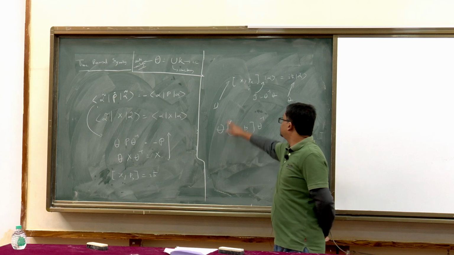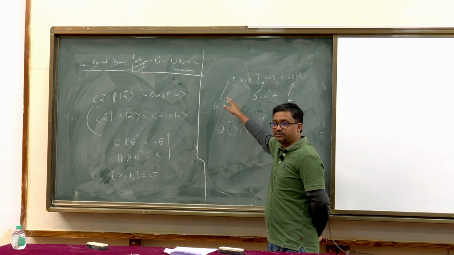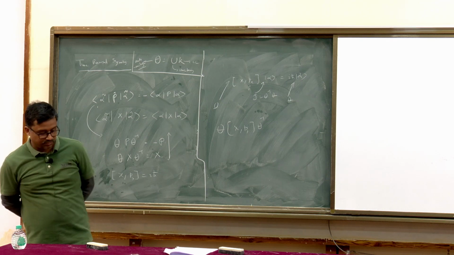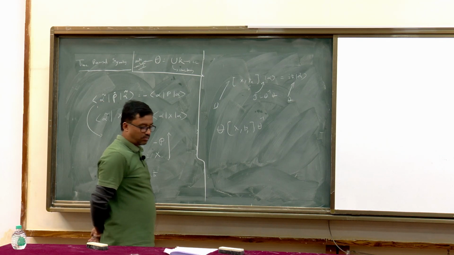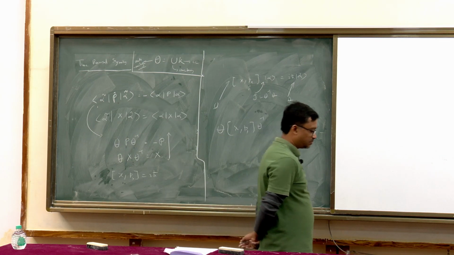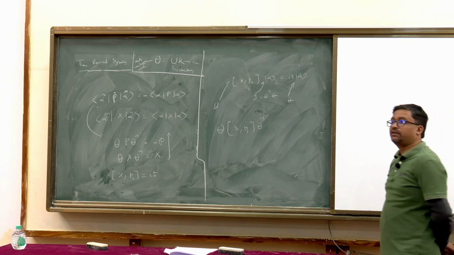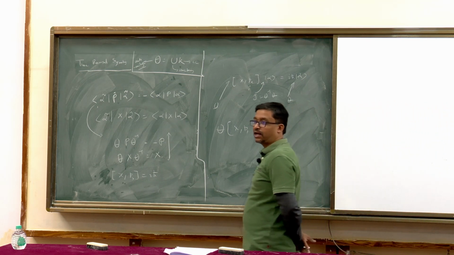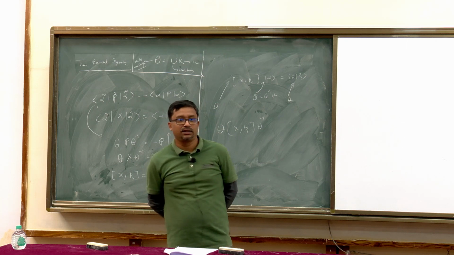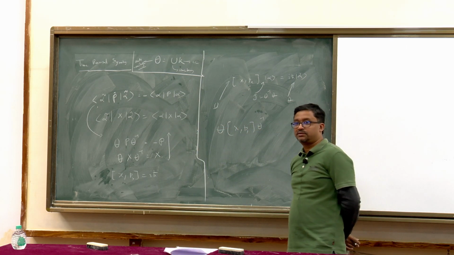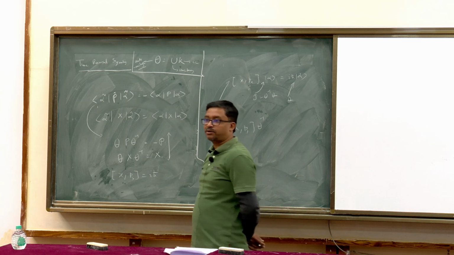So, for the first step we should expand this commutator, right. And whenever you have a product, like you will have x p_x kind of products, insert an identity in between, and then you know the transform properties.